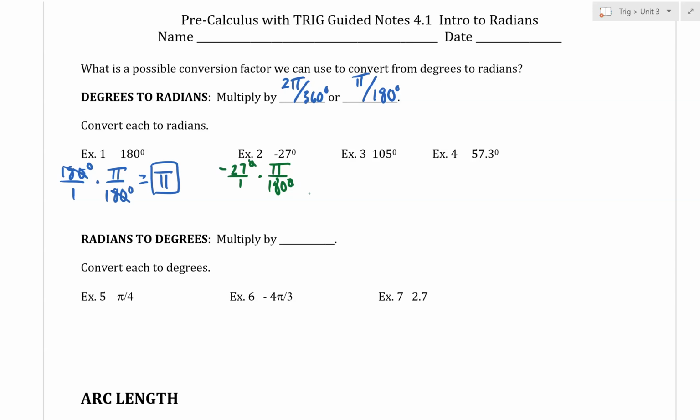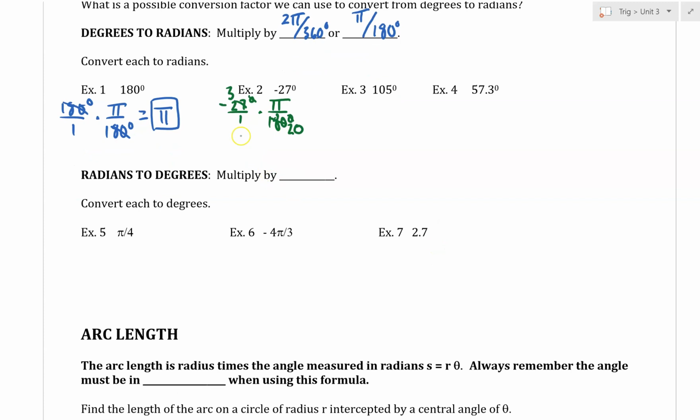It looks to me like 9 would go into both numbers. 9 would go into 27 3 times. 9 would go into 180 20 times. So we would have the following answer. It would be negative 3 pi over 20. That would be the conversion.